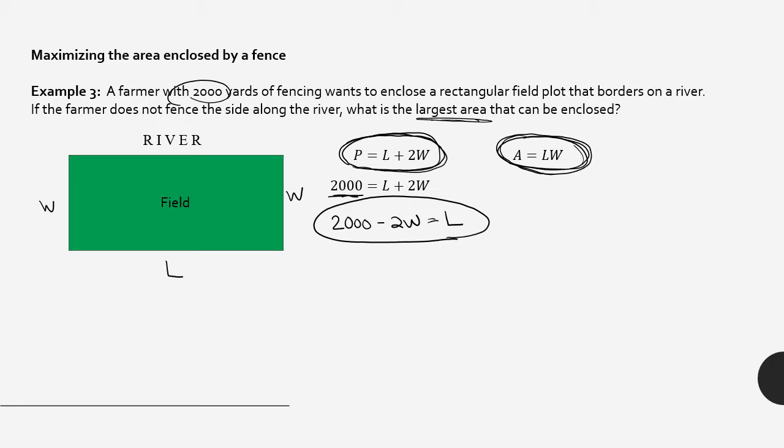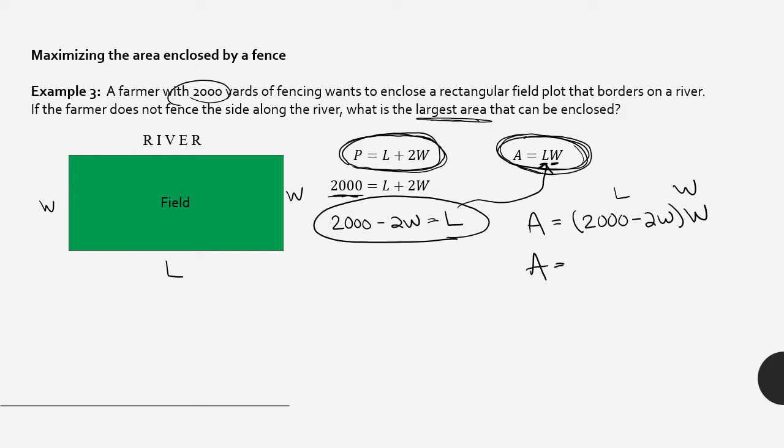Okay, so now what we want to do is take this L, this length, and plug it into the other equation. So area is equal to length times width. Well, L is 2,000 minus 2W. So that's our L value, and now we have our times W. So this is your length times width. We just replaced length with what it's equal to, 2,000 minus 2W.